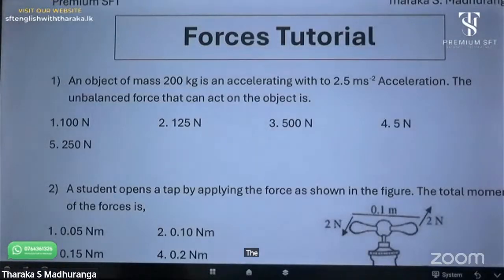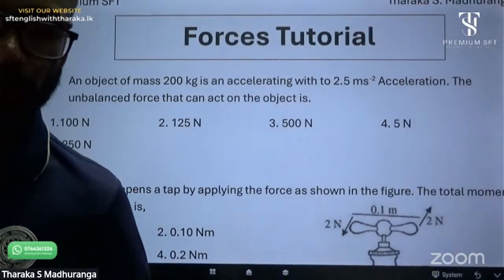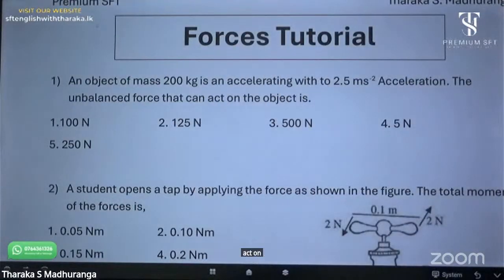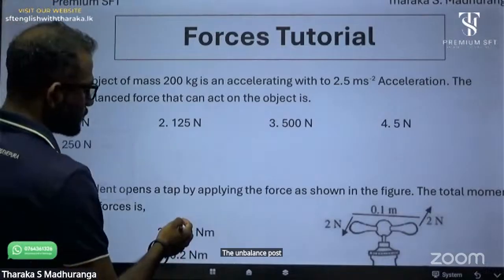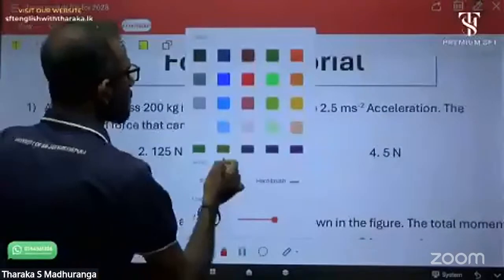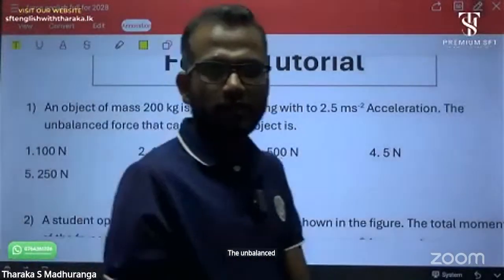The unbalanced force that can act on this object is asking.